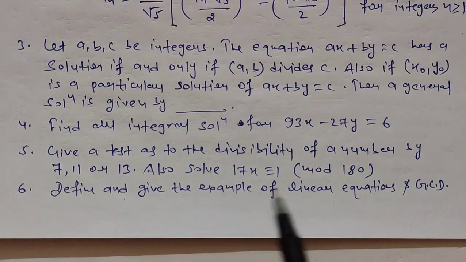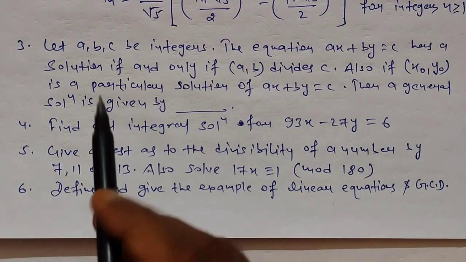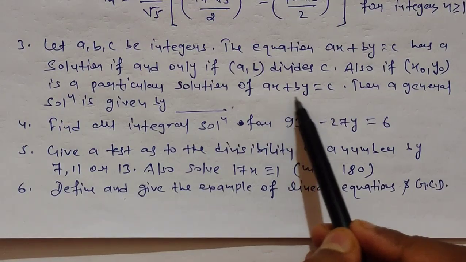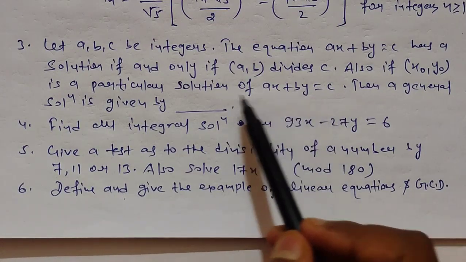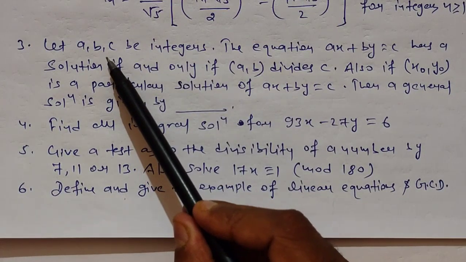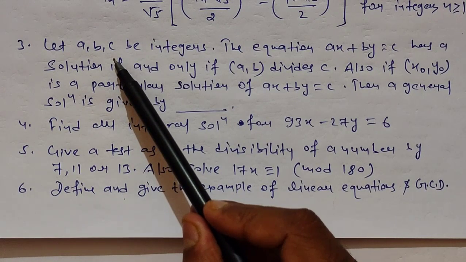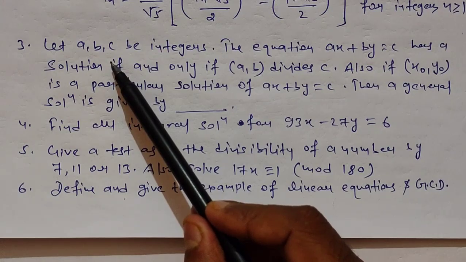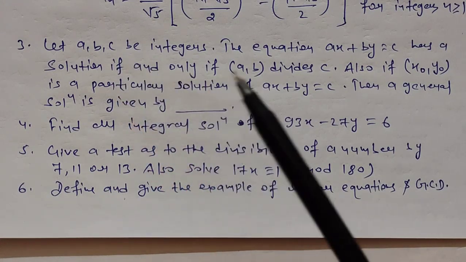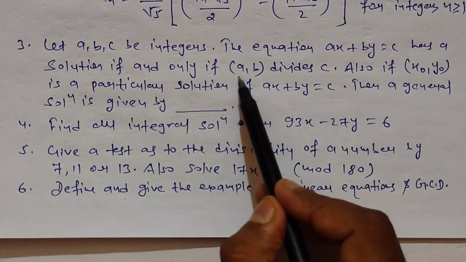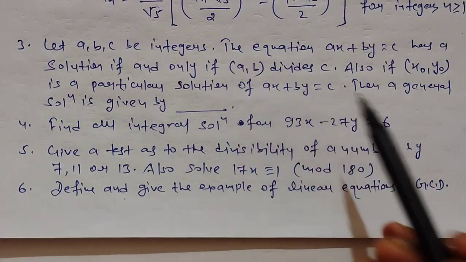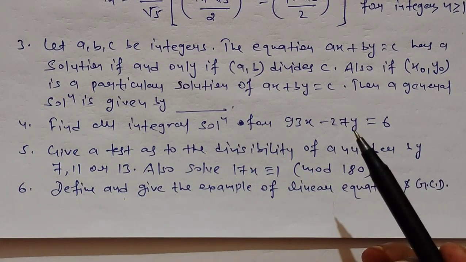So now here this is a linear equation in terms of x and y, and it is given that a, b, c are integers. So first of all, we have to decide the GCD of a and b.